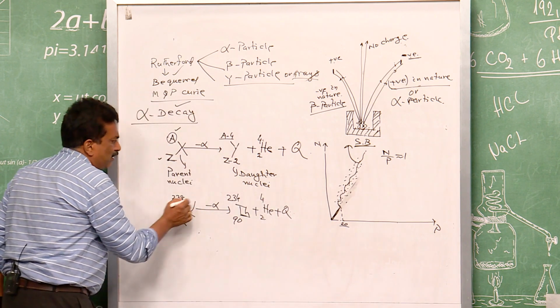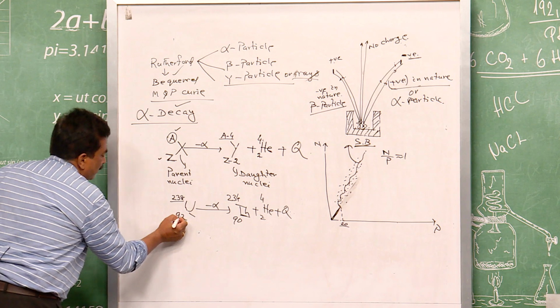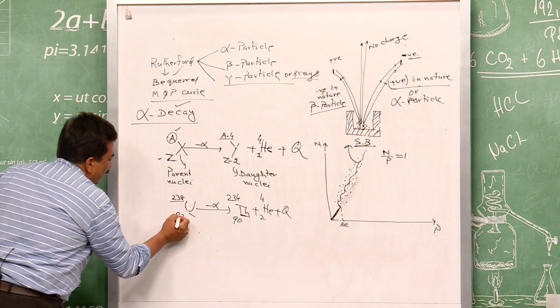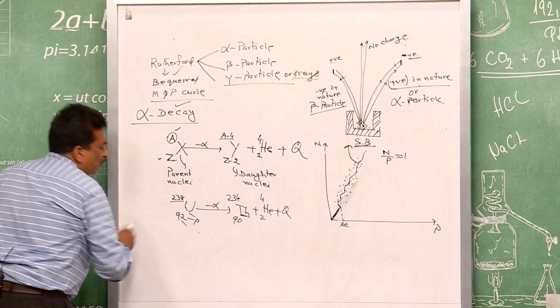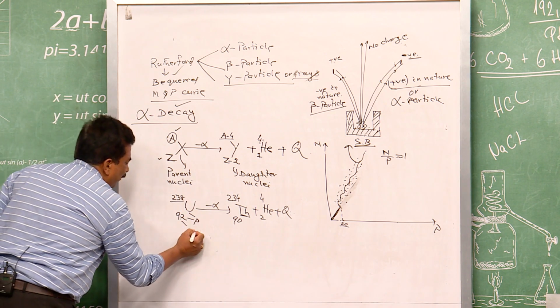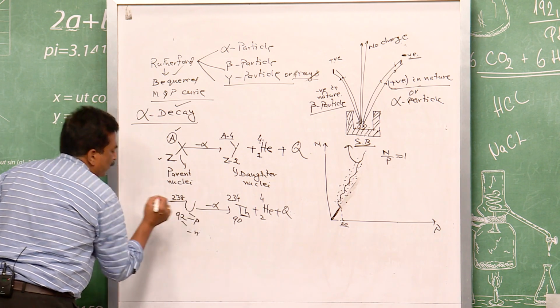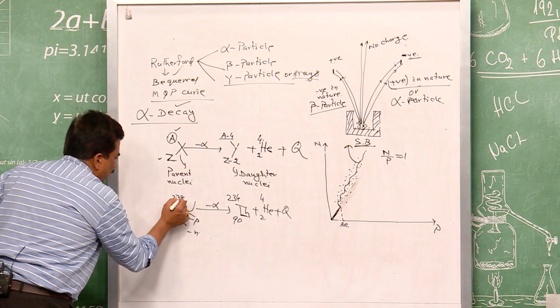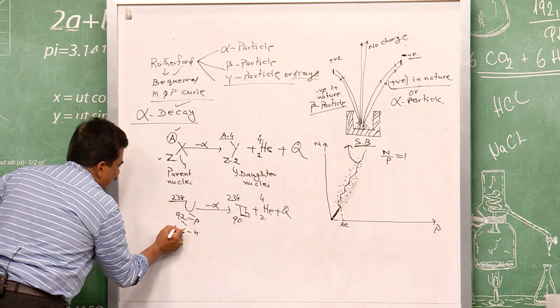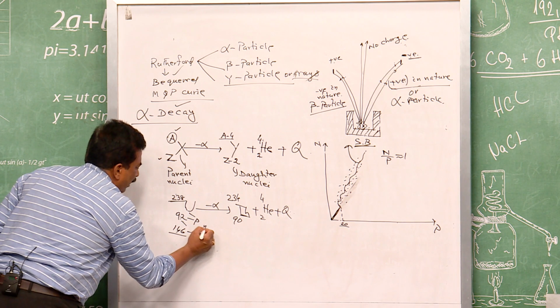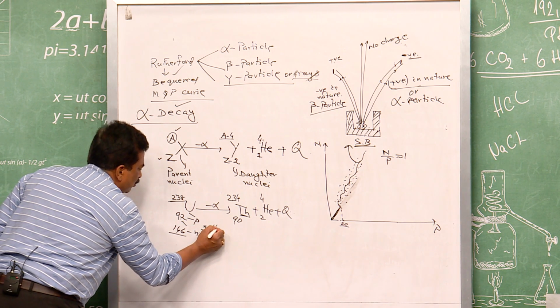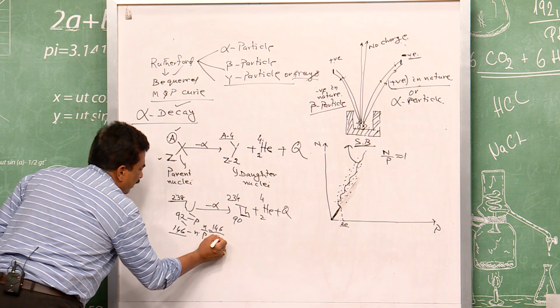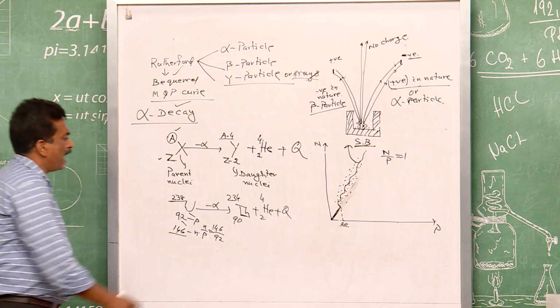To find the instability of the nuclei, let us discuss what is happening here. This 92 is the proton number. Then what is the number of neutrons? 238 minus 92, which is equal to 146. So n by p is equal to 146 by 92.